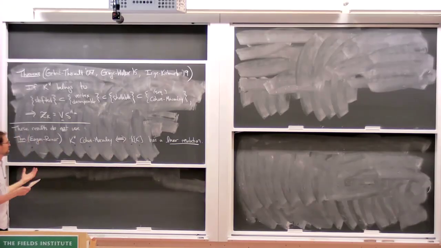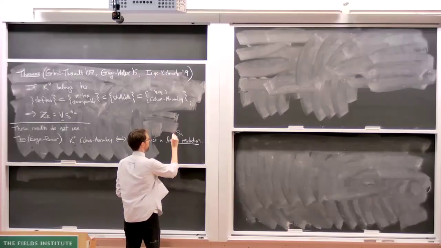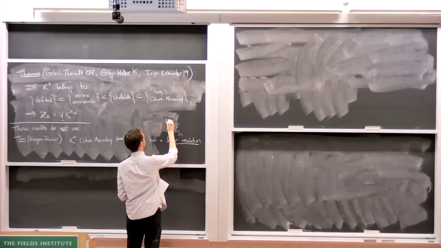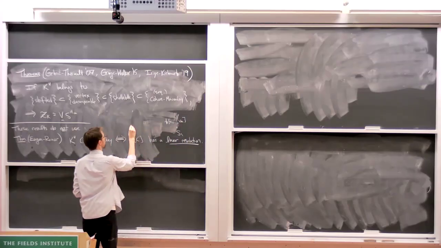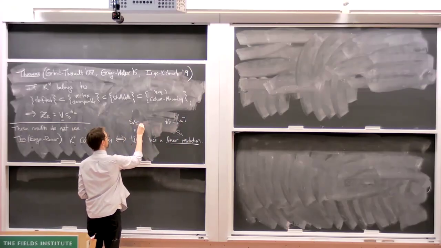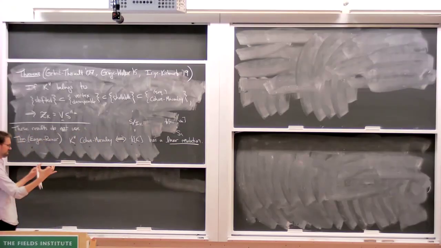To have a linear resolution, there are lots of ways of saying it, but it just means the minimal free resolution as an S module, where S, remember, is our polynomial ring. So I'm always thinking of this as an S module. One way of saying it is its Betti table is concentrated on a single strand called the linear strand.